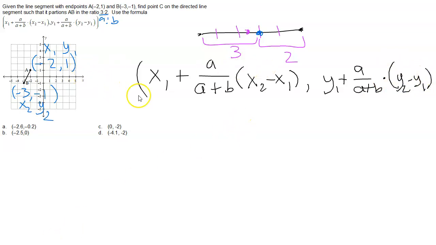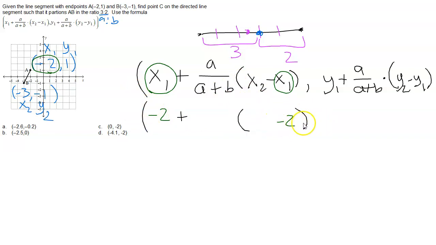I'm going to color code this a little so that we can see exactly where each thing is going. We see x1 in the formula 2 times, and we're going to use the value -2 for this question because it's the x value of the first point. So we have -2 here and -2 here at the end. I'm going to include the parenthesis symbol, the plus sign, and the end parenthesis symbol.